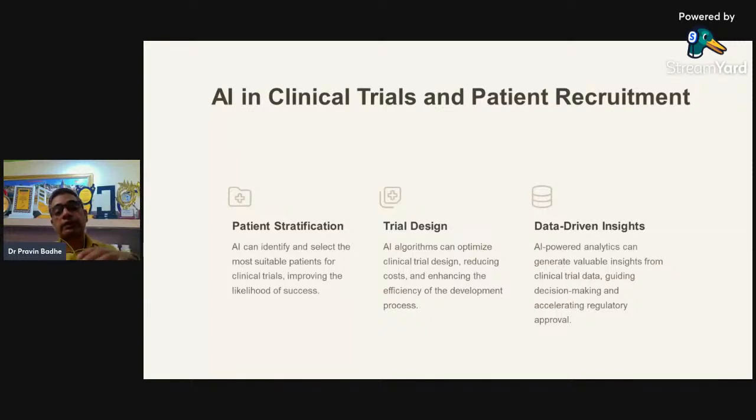So all this is already happening, and AI has been utilized in clinical trials and also in recruitment and also in data analysis.